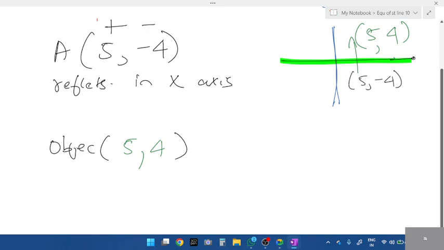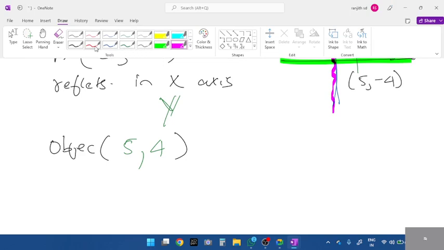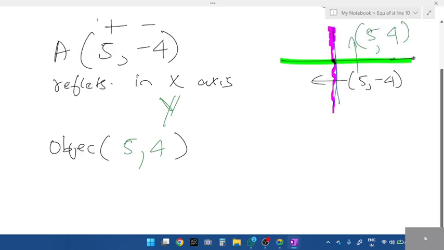Next, same question, mirror reflects in the y-axis. If it reflects in the y-axis, look at the pink image. So which quadrant will it reflect to? It should reflect to the third quadrant. In the third quadrant, what are the values?